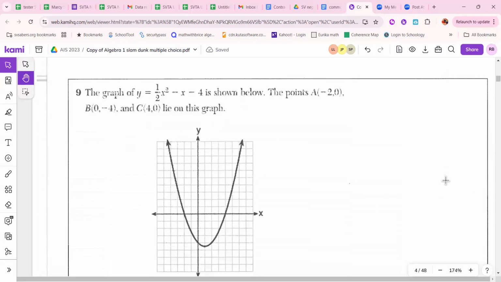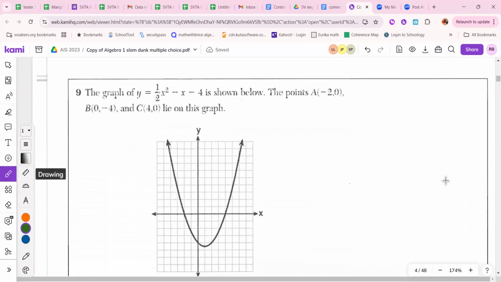The graph of y equals 1/2 x squared minus x minus 4 is shown below. The points -2, 0, right there, 0, -4, right there, and 4, 0, right there, lie on this graph.